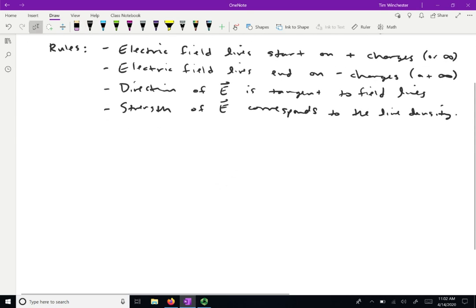So let's start out with a positive charge. The positive charge, like this, is going to have some electric field lines. We know electric field lines start on positive charges, and then they end at negative charges or at infinity. Here we don't have any negative charges, so they're all just going to extend outward to infinity.